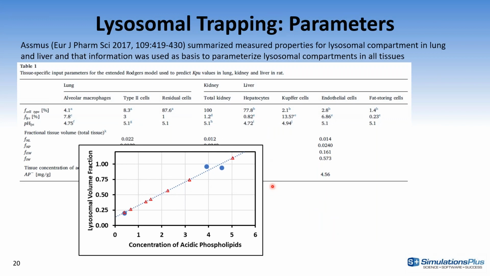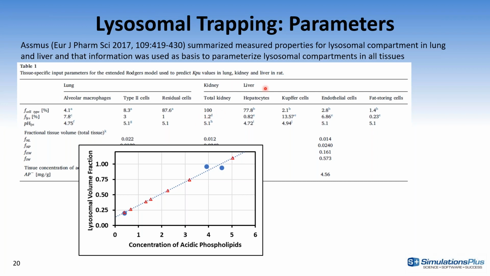About 2 years ago, there was a publication by Asmus, some of you might be familiar with this one already. They've done a lot of work trying to collect this information. They managed to find information on the lysosomal volume fractions and pH in liver, in lung, and partial information in kidney. This was more estimated parameters from the other tissues.